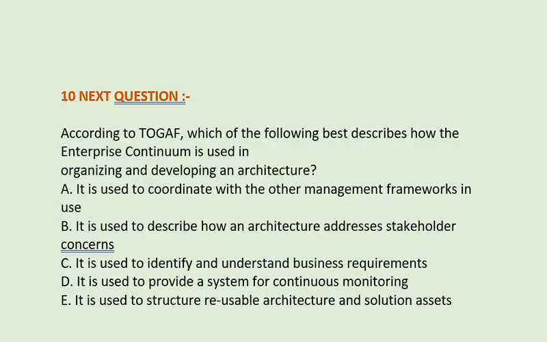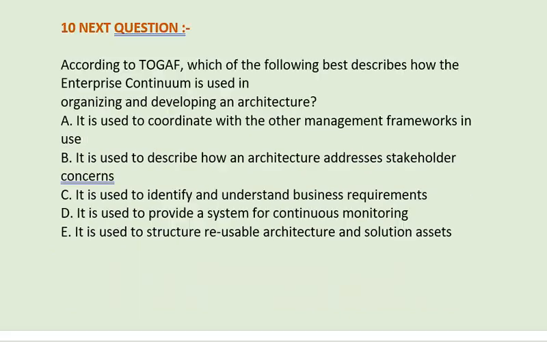Option C it is used to identify and understand business requirements. Option D it is used to provide a system for continuous monitoring. Option E it is used to structure reusable architecture and solution assets. Correct answer is option E.